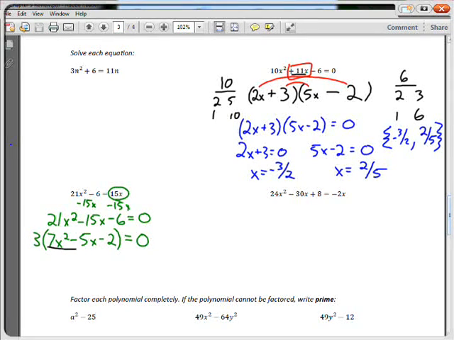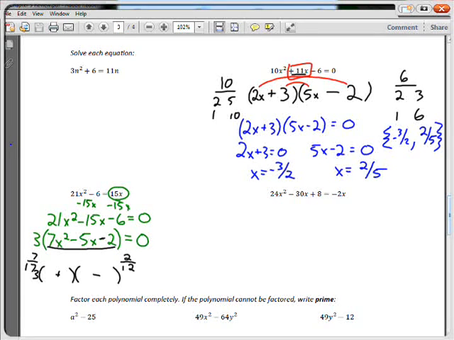Now I factor 7x squared minus 5x minus 2. Well, my factors of 7 are 1 and 7. My factors of 2 are 1 and 2. So I'm going to be left with a 3 on the outside. And this is a negative right here, so it's going to be a plus and a minus.